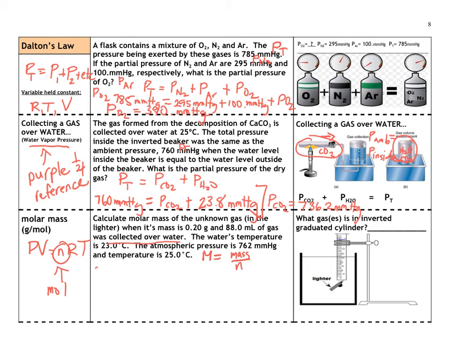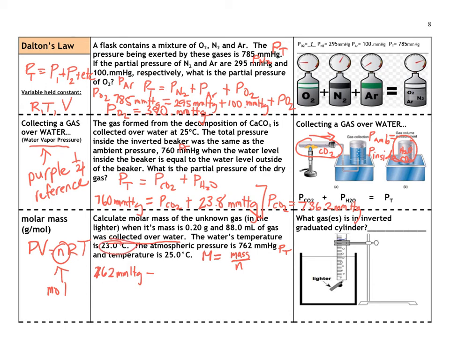It looks like the total pressure, P total, is 762 millimeters of mercury. We're going to then subtract the vapor pressure at 23 degrees Celsius, because the water's temperature is 23 degrees Celsius.